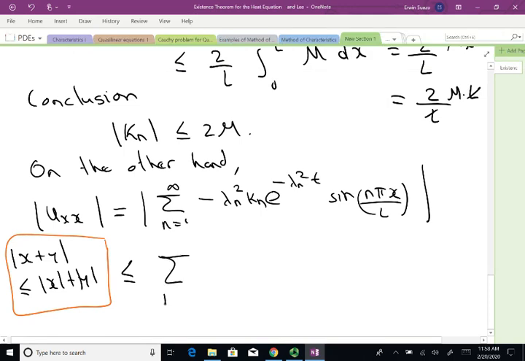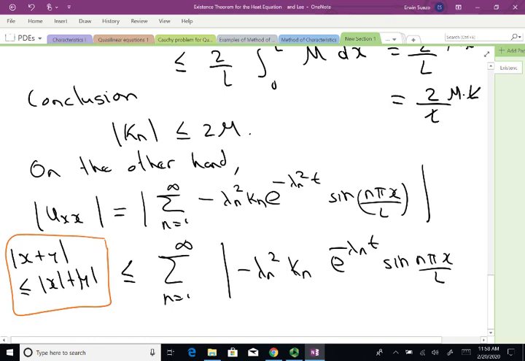So this is going to be the sum from n equals 1 to infinity of the absolute value of minus lambda n squared k sub n e to the minus lambda n squared t sine n pi x over L. Okay. Now, again, the absolute value of a product is the product of the absolute values. So I can do this absolute value and absolute value product, right?